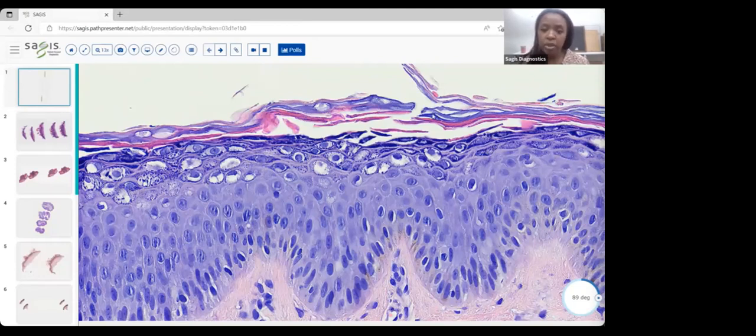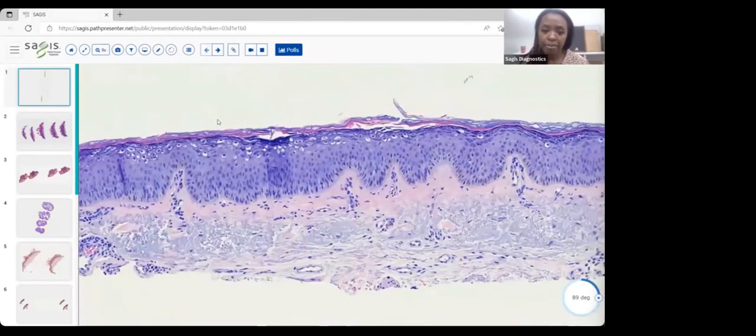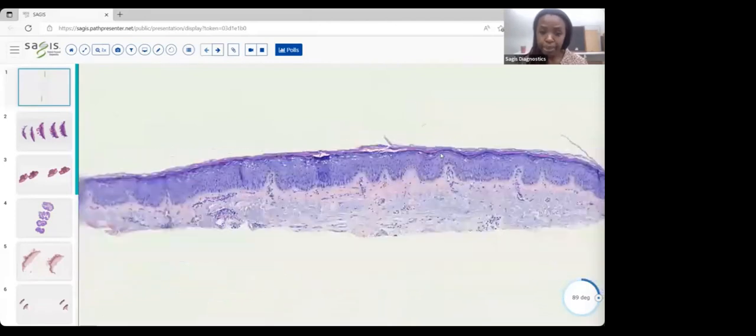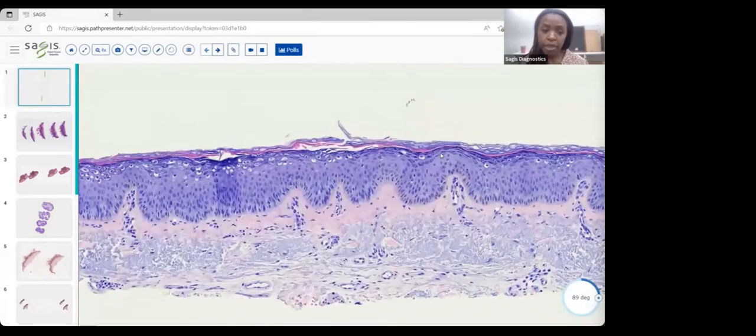Putting this all together, we have a basket weave stratum corneum, and limited to the granular layer and the upper portion of the stratum spinosum, we have koilocytes, and then there's mild papillomatosis. This is a good example of verruca plana.